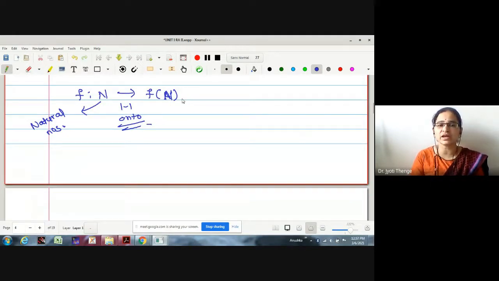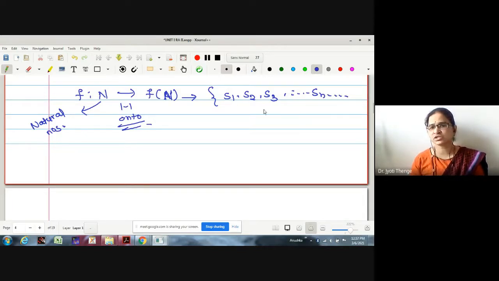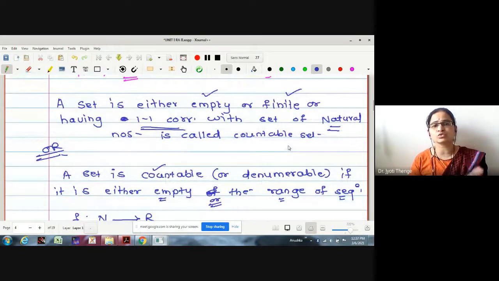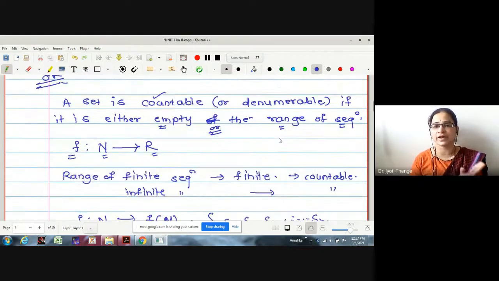Whenever we were writing the range of a sequence, what kind of statement were we writing? Say S1, S2, S3, dot dot dot, Sn and so on. This is the range, and no doubt we can have a one-one correspondence of this with the set of natural numbers. That's why, in case of infinite sets, we can use two criteria for a countable set: one-one correspondence with the set of natural numbers, or equivalently, it is the range of a sequence.